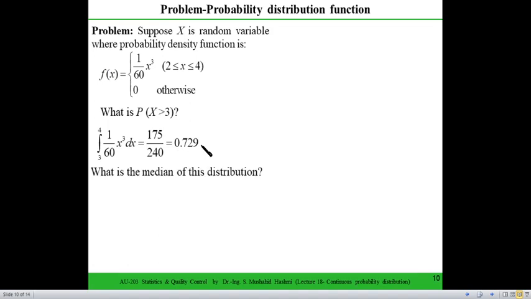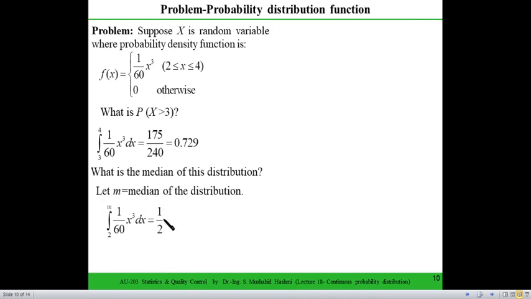Okay, the next question is, what is the median of this distribution? Let's say we assume that small m is the letter to represent the median of the distribution. I don't know how the curve looks, but I know that it is a cubical curve, and if I am moving from 2 to some value m, where the area under the curve is half.